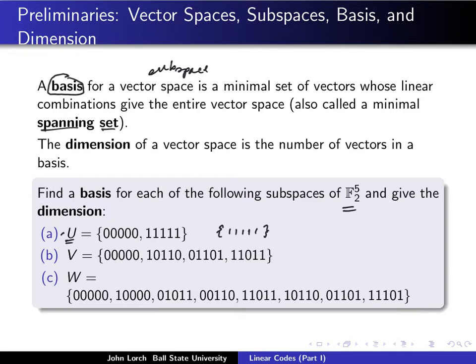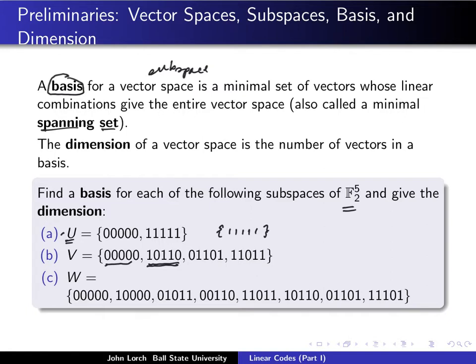Okay, now for V, there's a number of different ways you can pick a basis for this. In fact, any two of the non-zero vectors will work, right? You couldn't, however, choose these two, right? Because if you take all linear combinations of those two vectors that I underlined, you won't get all of V. You'll get just the 0 vector and this vector 1, 0, 1, 1, 0.